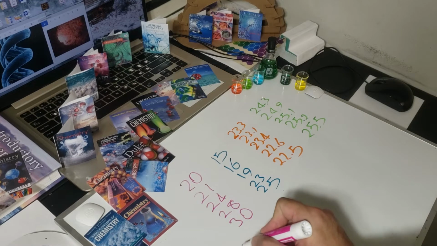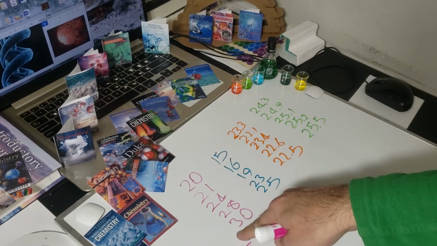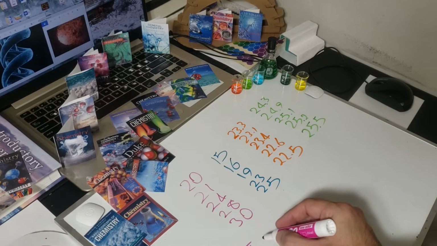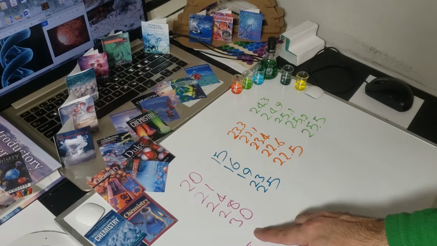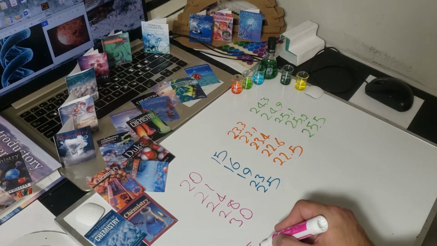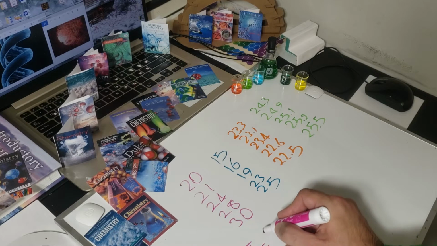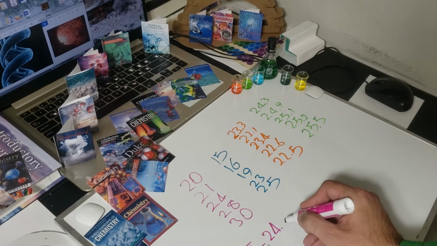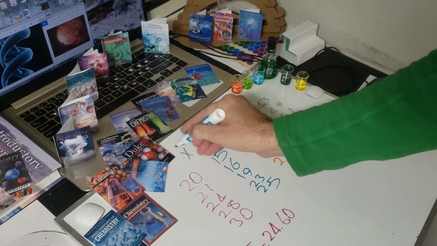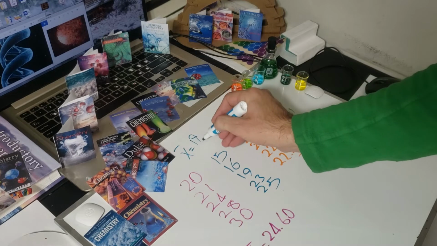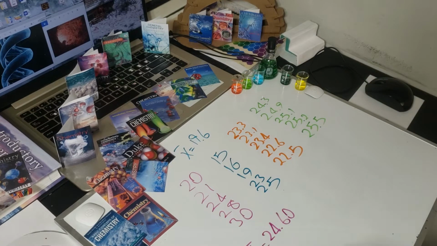If you add them all up and then divide by 5, you will find x bar, the average, as we call it in mathematical language. For this one, x bar is 24.60. For this one, x bar is 19.6, so not accurate.